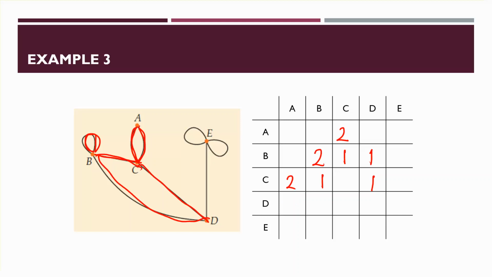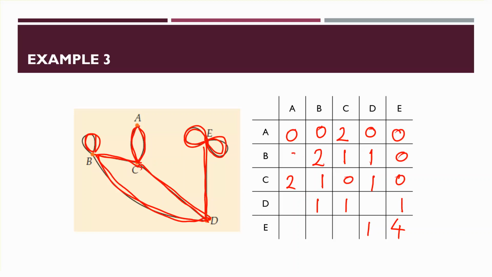Let's look at D. D can get to B, it can get to C, and it can get to E. And then if we look at E, well, E can get to D, and it can get to itself, not just twice, but we call that 4 times because it's got a double loop there. And then all we do is fill in the gaps with zeros. And this again would be our matrix representation for this particular example.